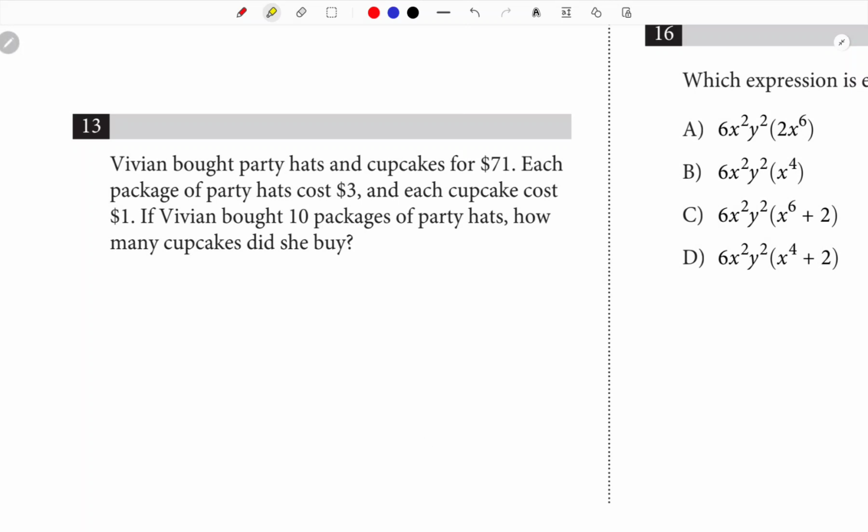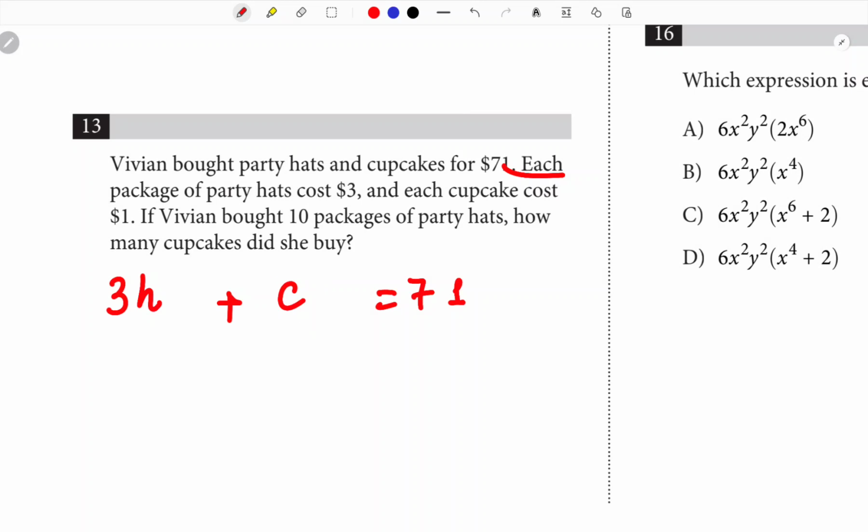So hats and cupcakes, that's why I write here H and C. The sum of them must be 71, but each package of party hats costs $3. That's why 3 times hats, and each cupcake costs $1. That's why cupcakes times 1 is C.